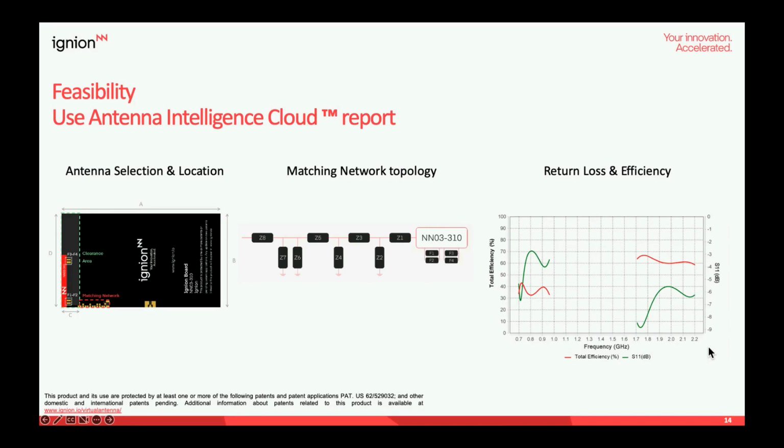The first step we propose is to assess the feasibility of the solution in the fastest and easiest possible way, which is the request of our Antenna Intelligence Cloud by simply filling the basic information we have seen before.